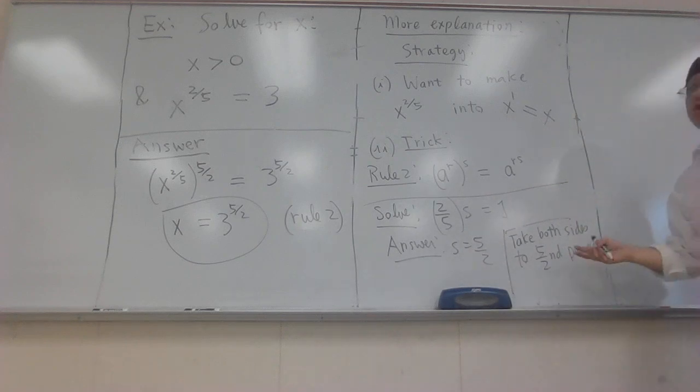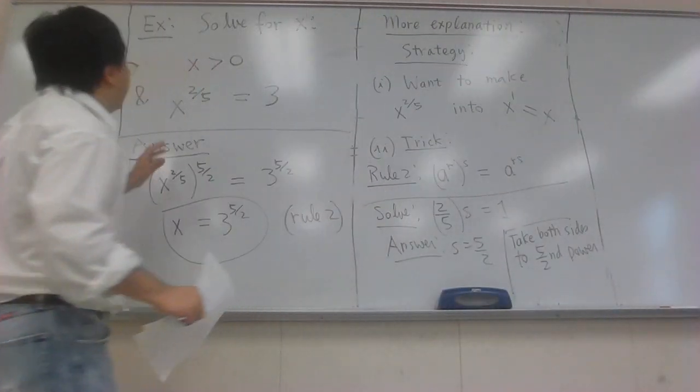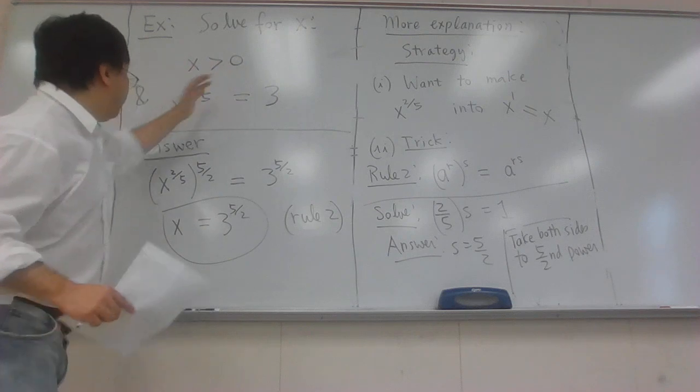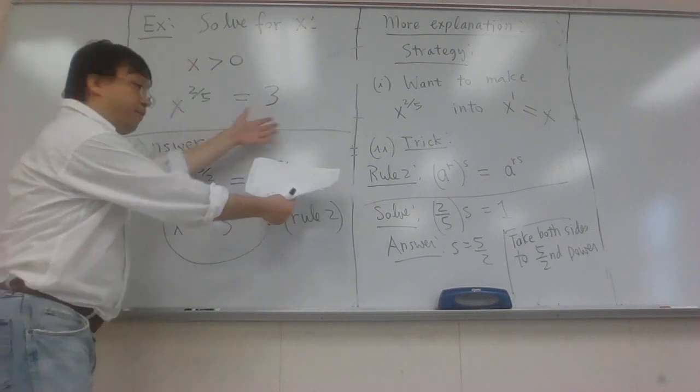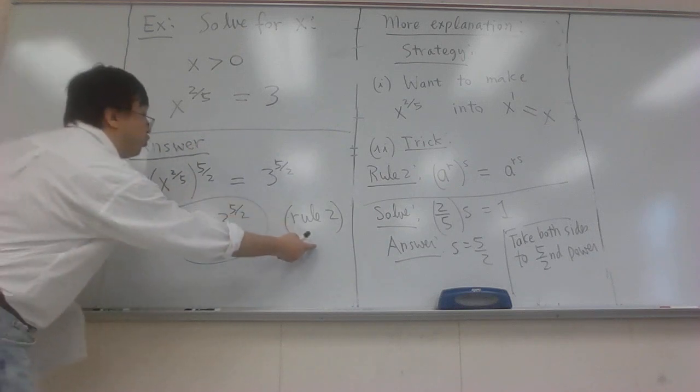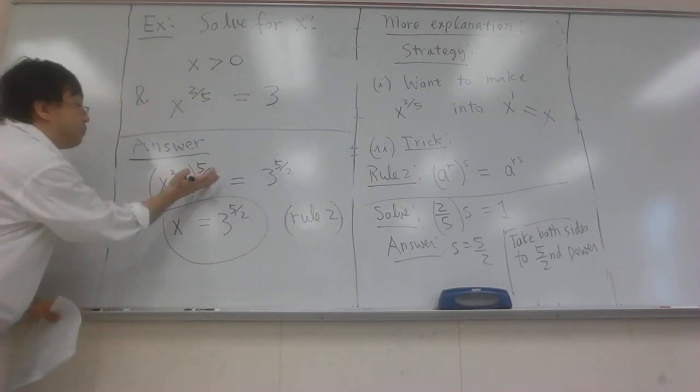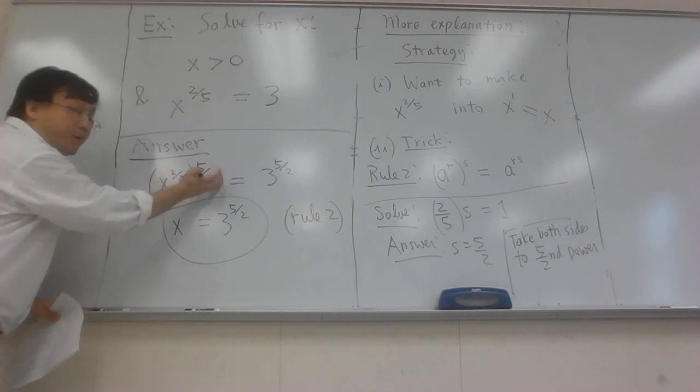So that's what you do. You take this side to the power of 5 over 2, and this side to the power of 5 over 2, and then by rule 2, repeated exponentiation is the same as multiplying the powers together.